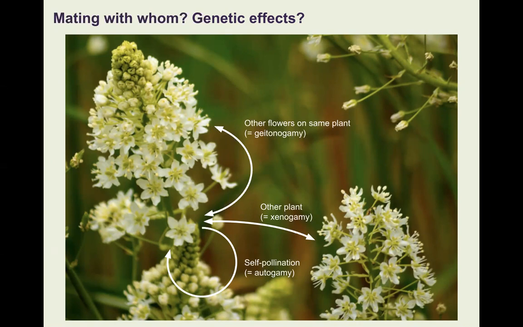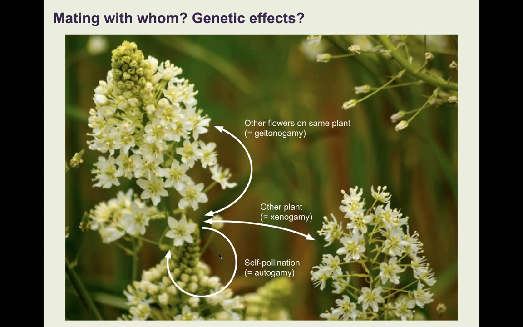That genetically is really no different from self-pollination. Pollen going from one flower to itself is autogamy, self-pollination, genetically not any different from transferring between flowers on the same plant. So two kinds of genetic self-pollination.